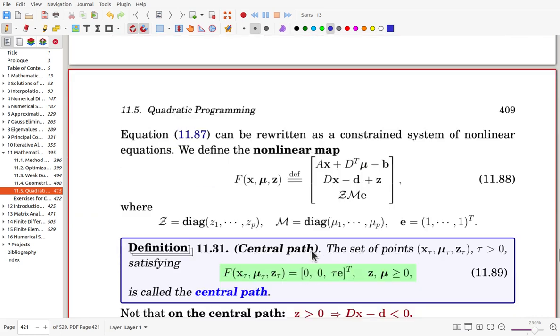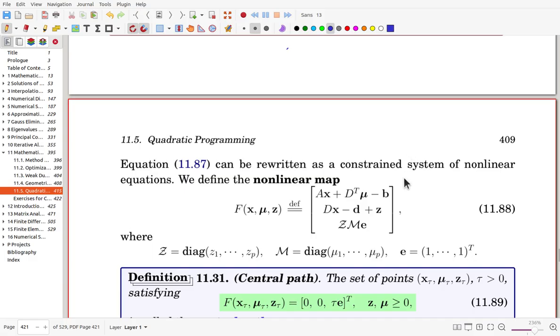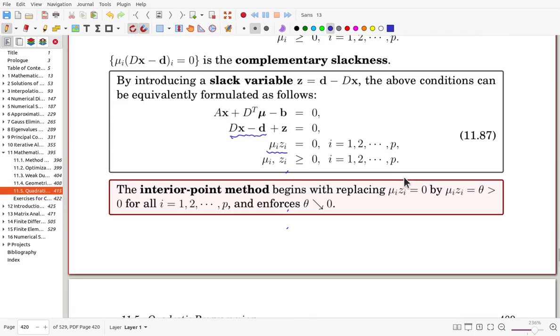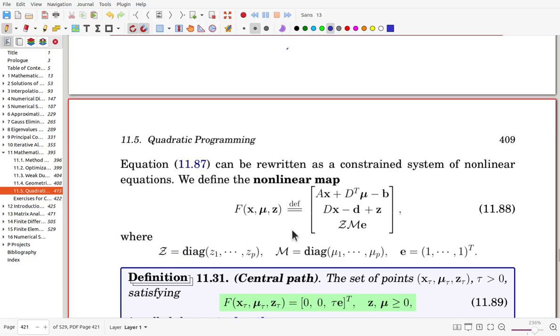Let's see some mathematical formula here. Now, what we have to solve is this one. Now, f of x, mu, z: we collect these terms, this one, and that one, and this one, and we can write it in this way.